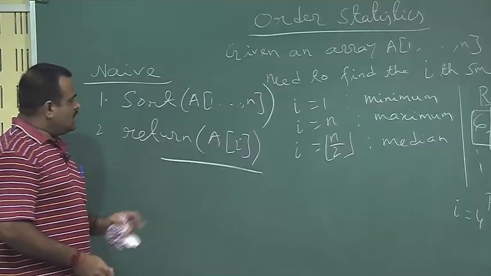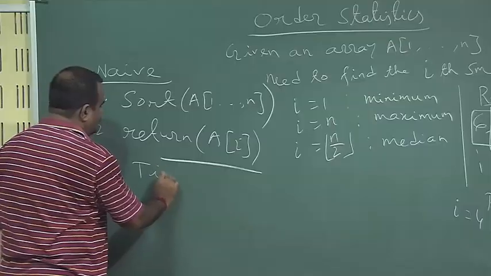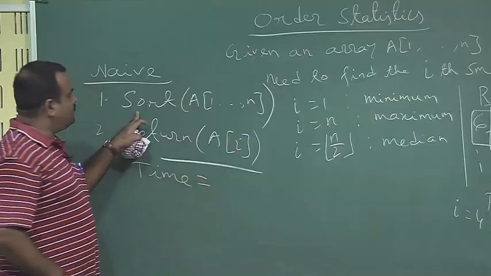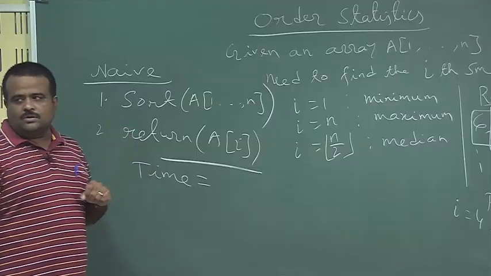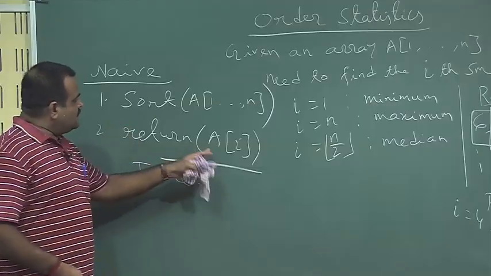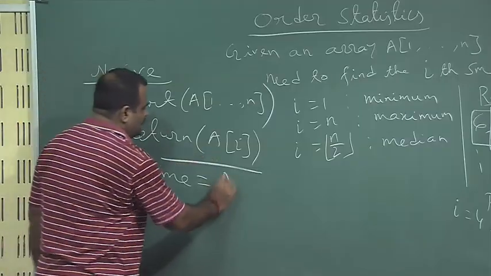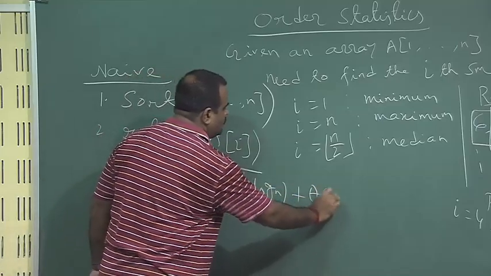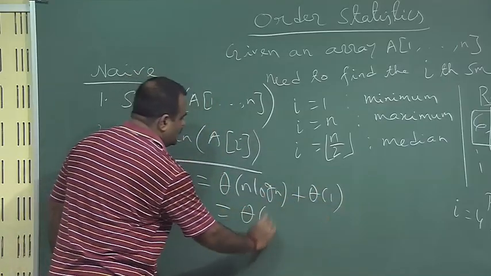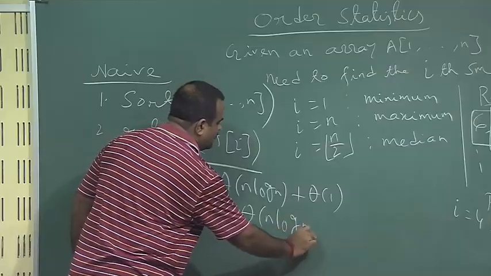So, what is the time complexity for this? We are applying a sorting algorithm. If you use merge sort or heap sort, which is n log n, and then this will take constant time. So, it is basically n log n plus theta of 1. So, this is basically order of n log n.